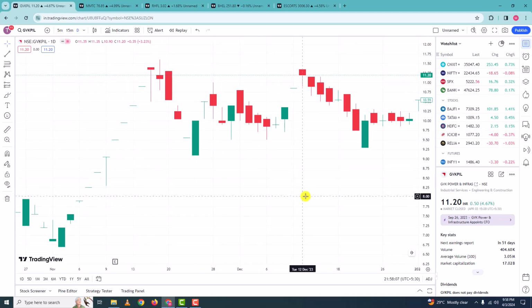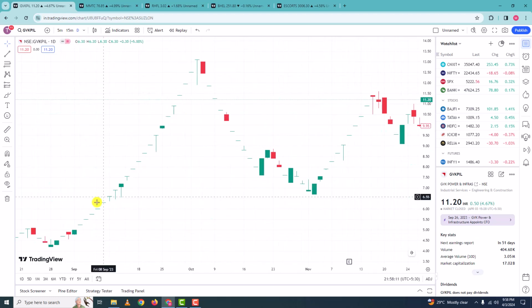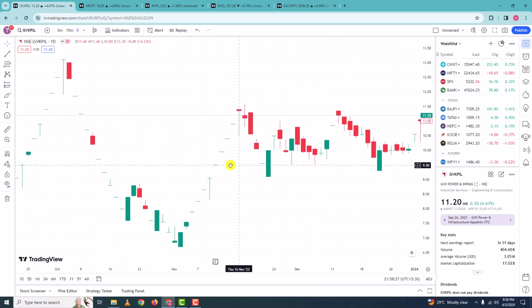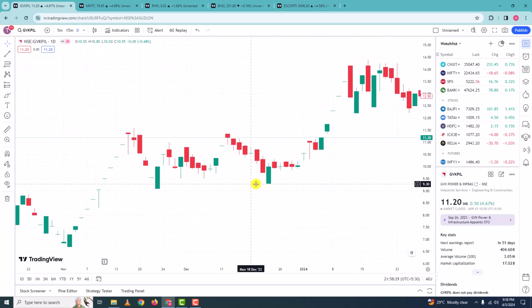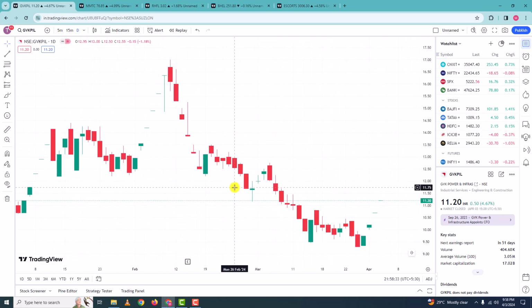The liquidity will be very low here, and these would probably be the game of operators. Operators are people with a lot of money who have the capacity to move the market in the direction that they want. So do not pick a stock which has a chart looking like this.